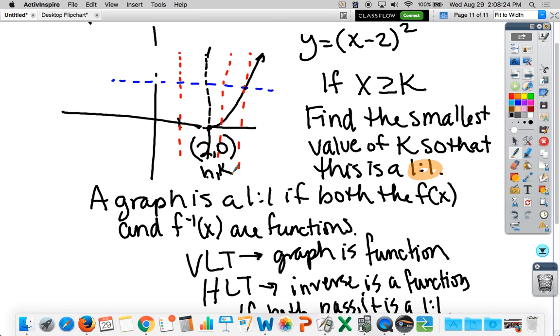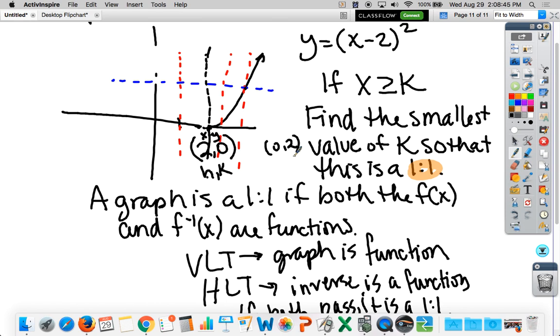But when I do the inverse, this is also known as my x and y of my vertex. When I do the inverse, y becomes x and x becomes y. So the inverse of this would be (0, 2).